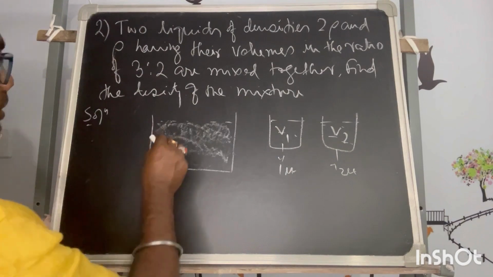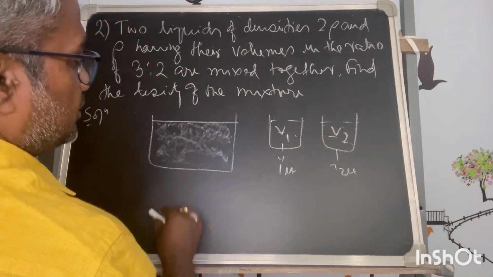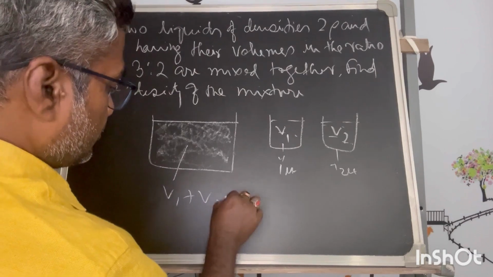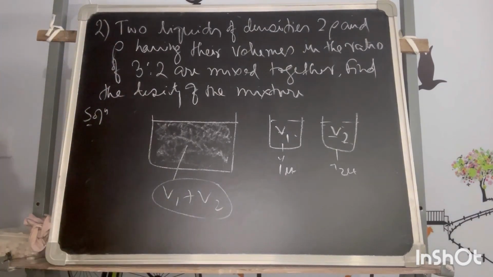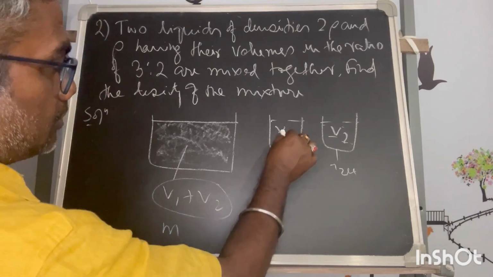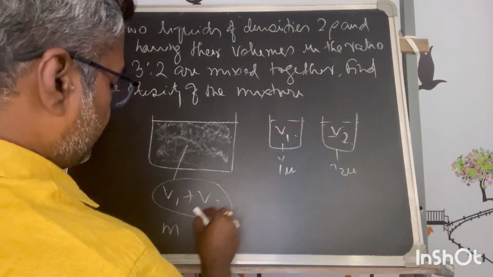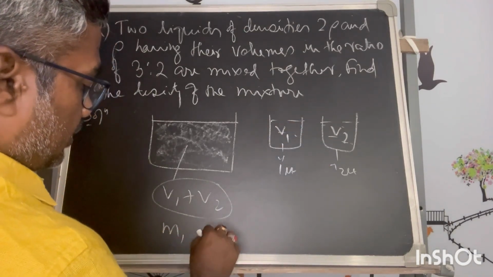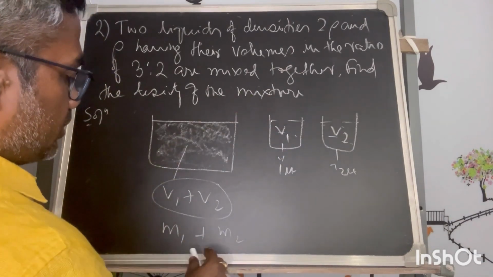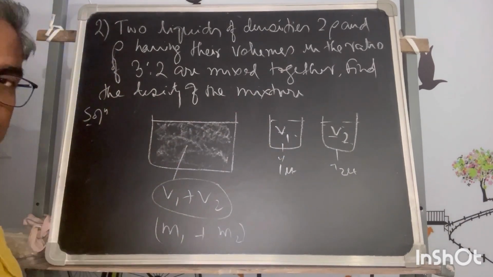If it is the case, one thing that is possible is that the mixture will carry both the volumes, this is straightforward. Second thing is that the mass due to this volume and the mass due to this volume, if I club it together, that also will be the same.